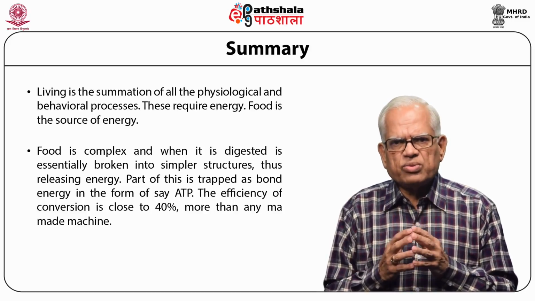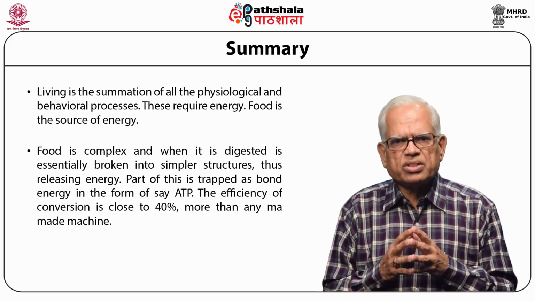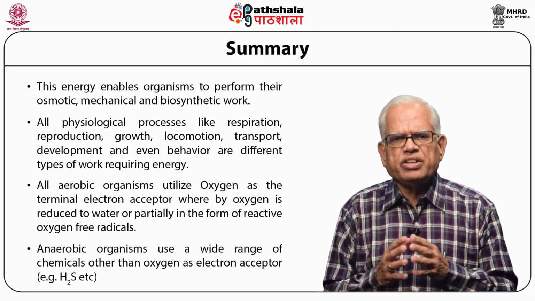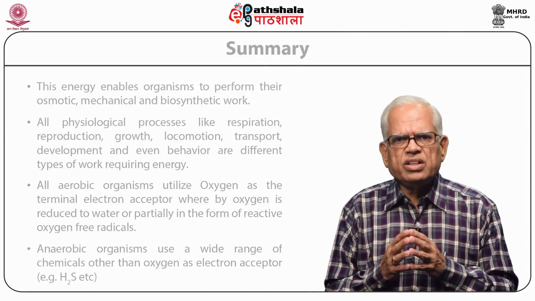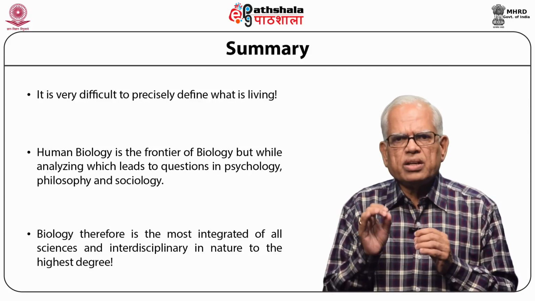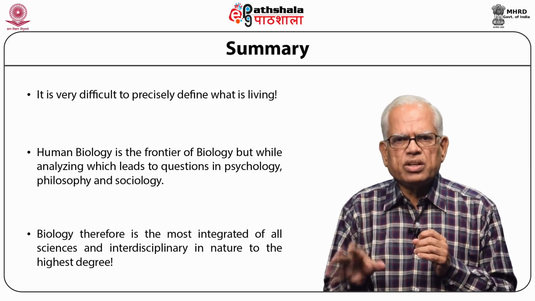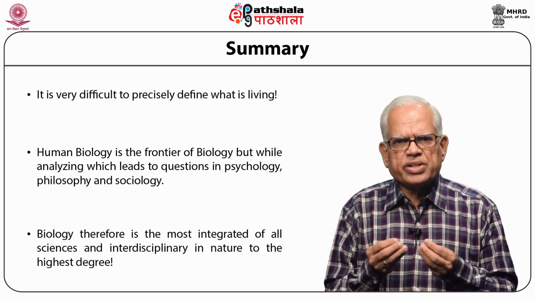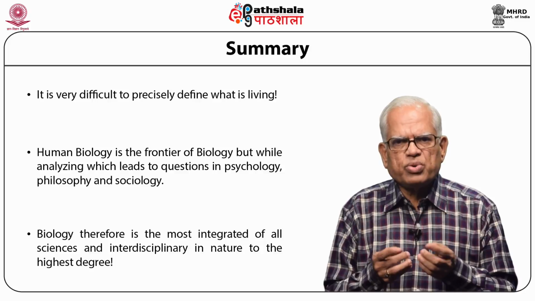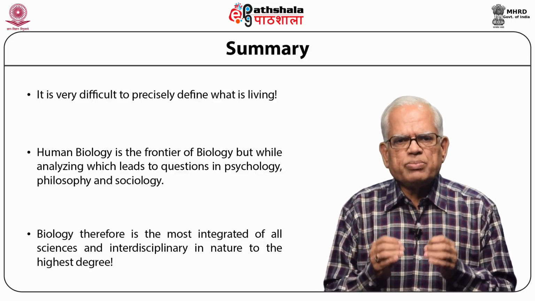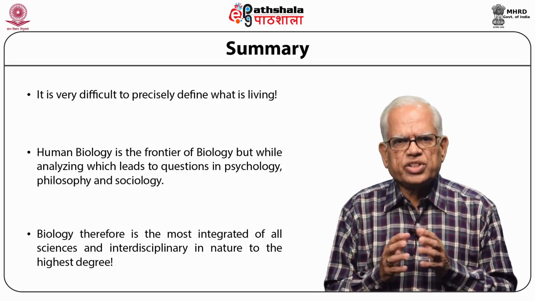The efficiency of conversion is close to 40%, and this is more than any man-made machine. This energy enables organisms to perform their osmotic, mechanical, and biosynthetic work. All physiological processes like respiration, reproduction, growth, locomotion, transport, development, and even behavior are different types of work requiring energy.